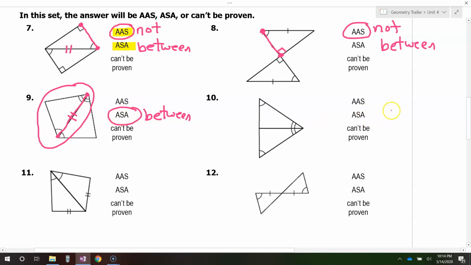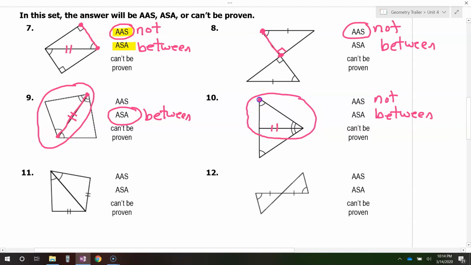Okay, let me mark this ahead of time this time. So if the side is between, I'm going to pick this one. I will pick the first one if the side is not between the two angles. Well, we have a shared side. Do you see it? Kabam. Here's the shared side right here. Let us focus on one triangle at a time.